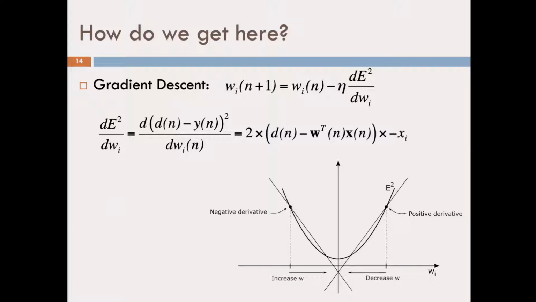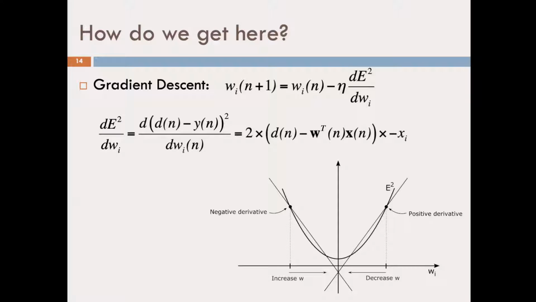When I am calculating the derivatives here, if the derivative has a positive sign, that means we need to decrease the value of w. If I decrease the value of w, I'm going in the direction of the minimum of the error. If the derivative is negative, we have to increase w, and we go in the direction of the minimum of the error.